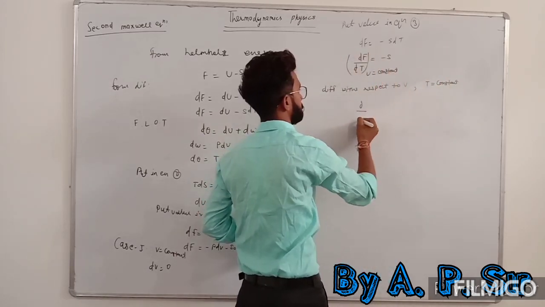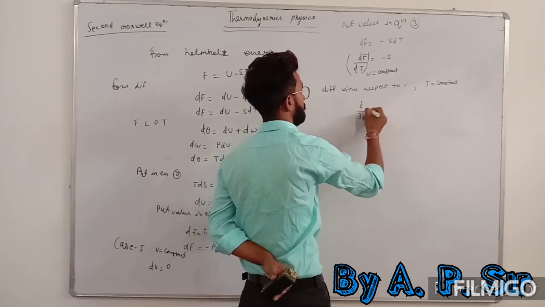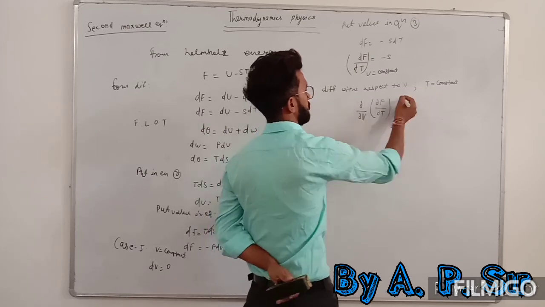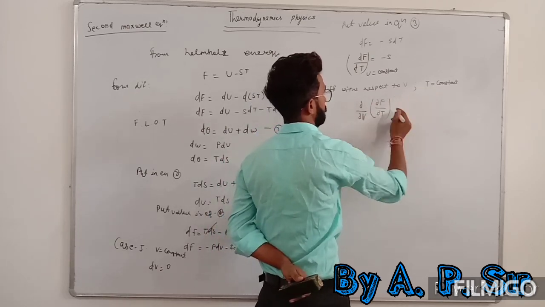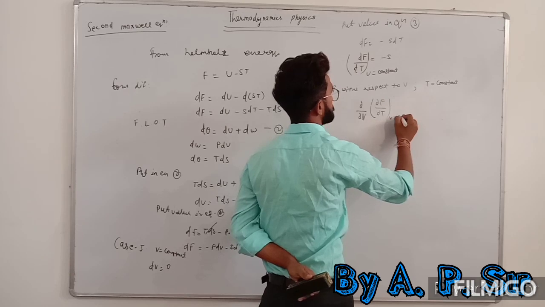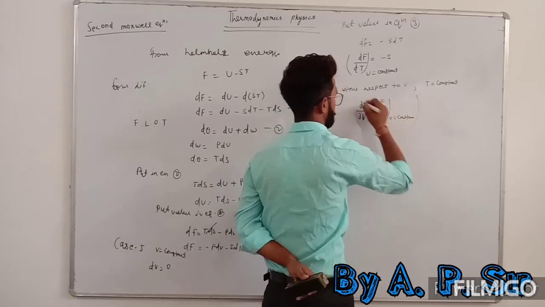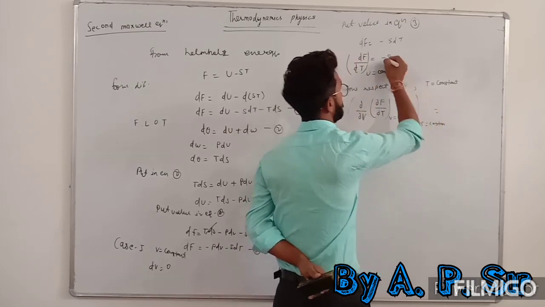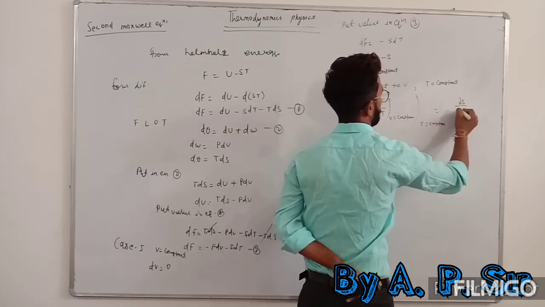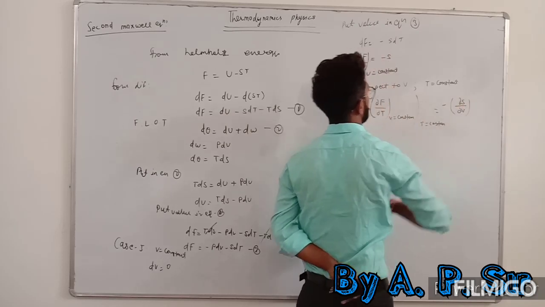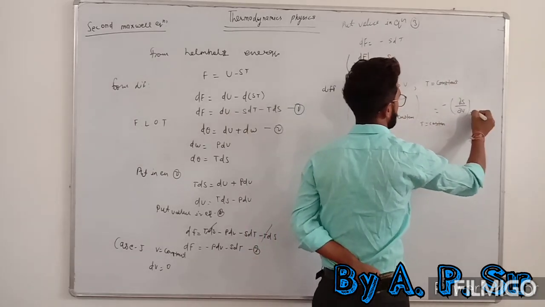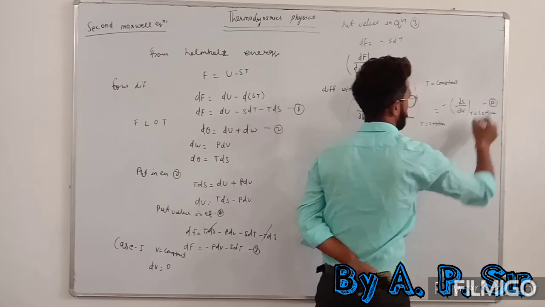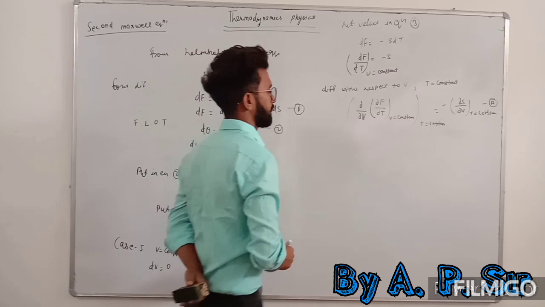Then del F upon del T at V equals constant, and by statement T equals constant, and del S upon del V with a minus sign. There T equals constant. This is equation number 8.